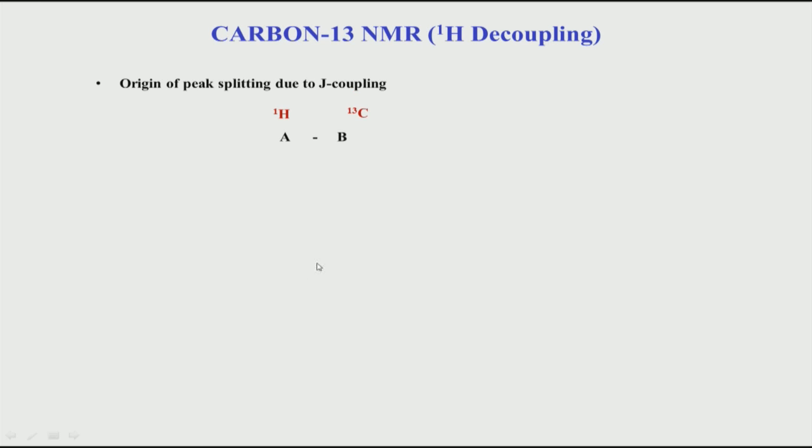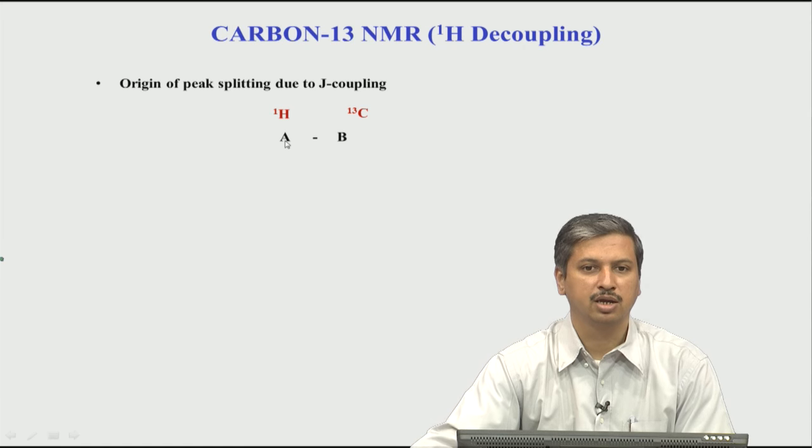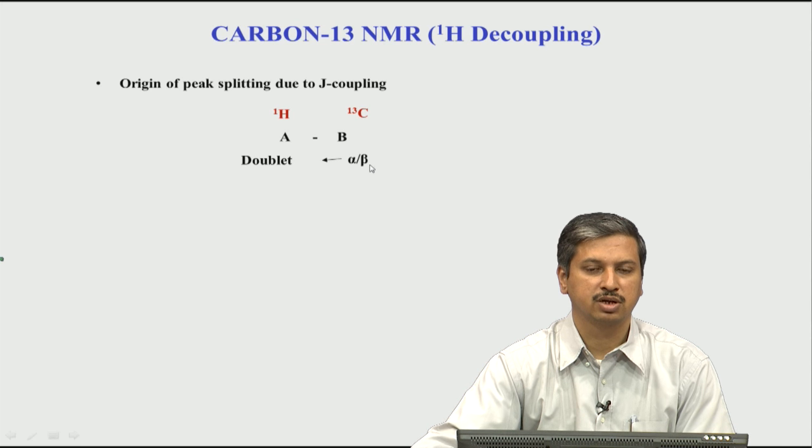So, this is basically what happens. The origin of peak splitting, remember we discussed, is only J coupling. Let us say you have a proton A attached to a carbon B, which is C13. Then this proton will get a doublet. Why does it get a doublet? Because it is attached to C13, and remember C13 is a spin half nucleus, so it has an alpha and beta state, and because of that this hydrogen will be split into 2 peaks.